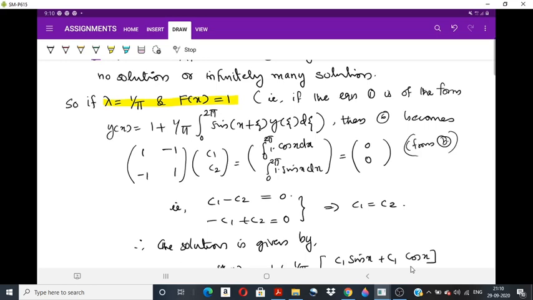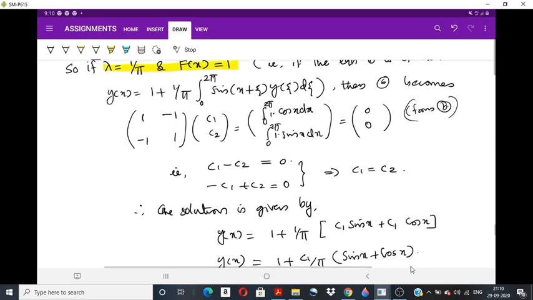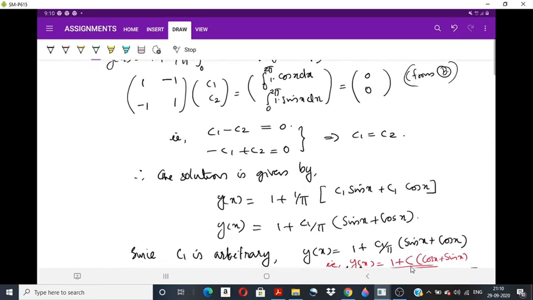Okay, so when f of x is equal to 1, the solution is given by 1 plus 1 by pi into c1 sin x plus c2, which is the same as c1, into cos x.